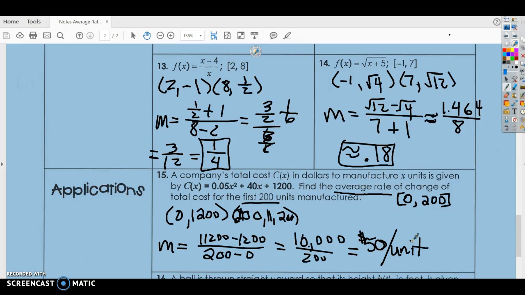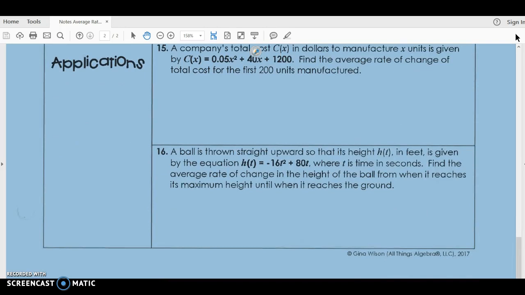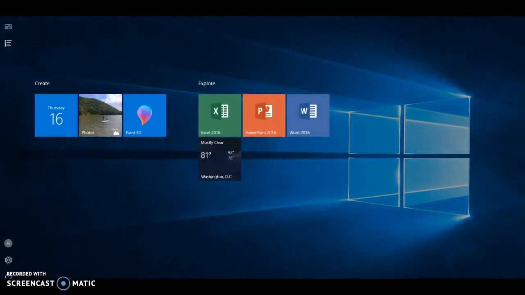Alright, we have one more word problem to look at here. It's a little bit more work. So I'm going to clear this and see if I can move up.